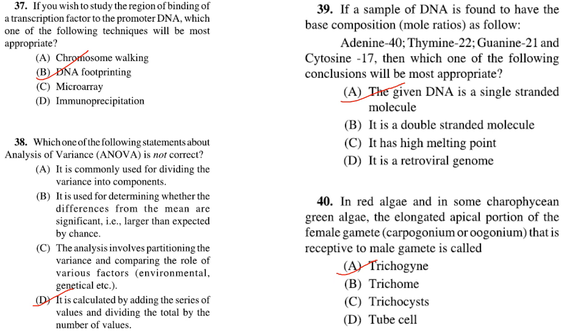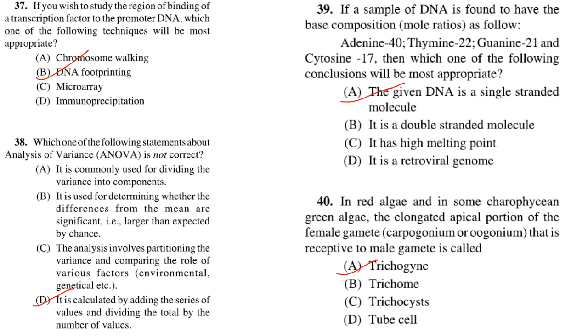The analysis involves partitioning the variance and comparing the role of various factors, environmental, genetical, etc. That is also correct. It is calculated by adding the series of values and dividing the total by the number of values. That will give your average, not analysis of variance. So option D is the answer. Option D is dealing with the average, not analysis of variance.